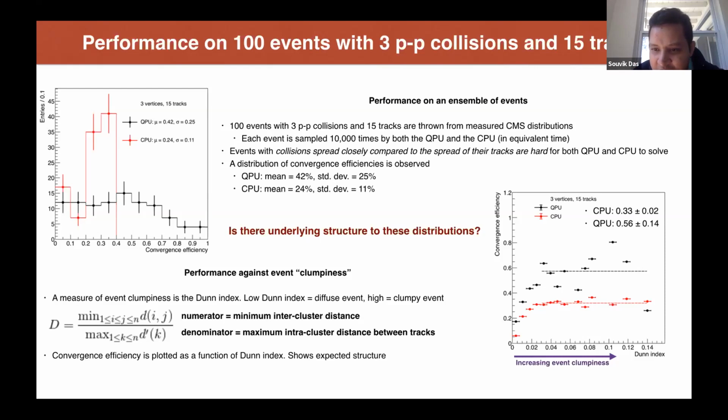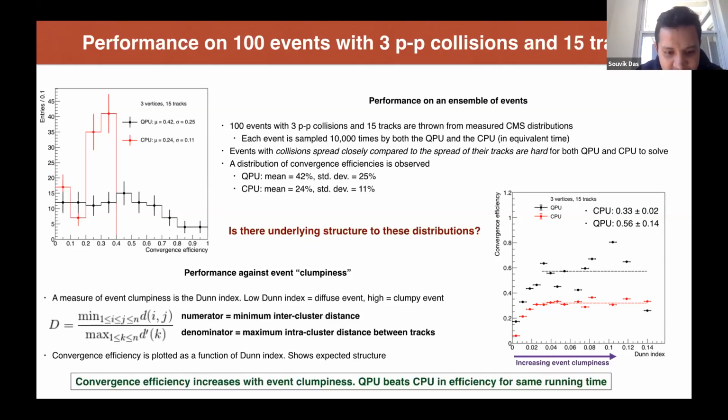You can see that the CPU has better and better efficiency as the vertices get nicely separated. The QPU, the black dots, are all over the place, but they are still rising. We can discuss why. But let's go on. The convergence efficiency increases with event clumpiness, and the QPU sort of beats the CPU in efficiency for the same running time, but it's roughly similar.